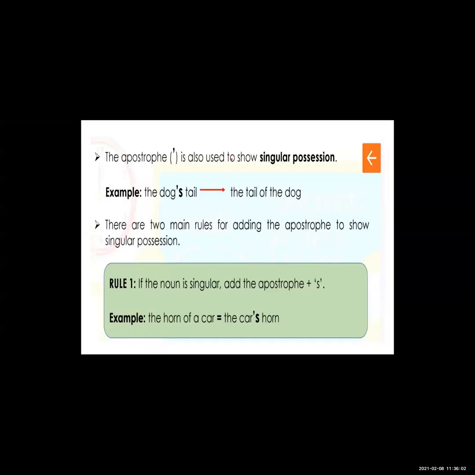Now next is the apostrophe and singular possession. There are two main rules for adding an apostrophe to show singular possession.